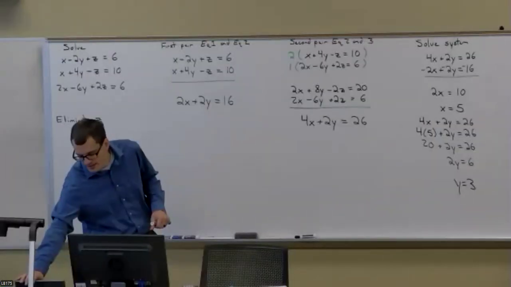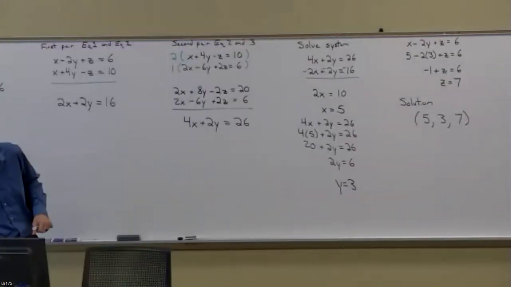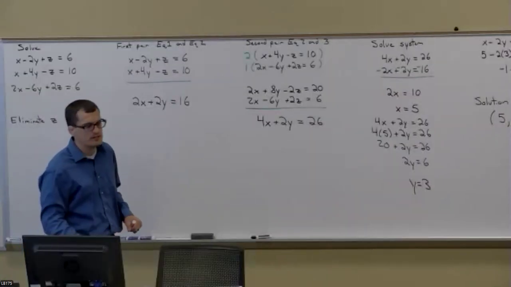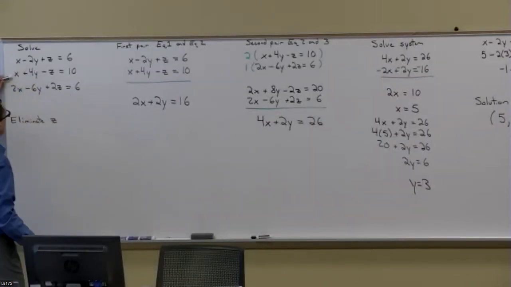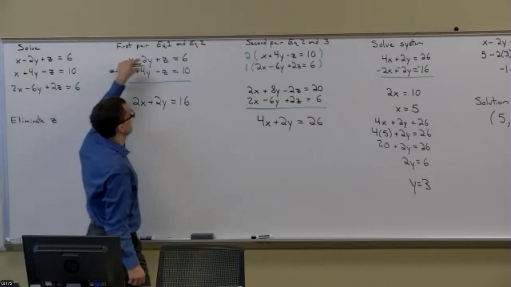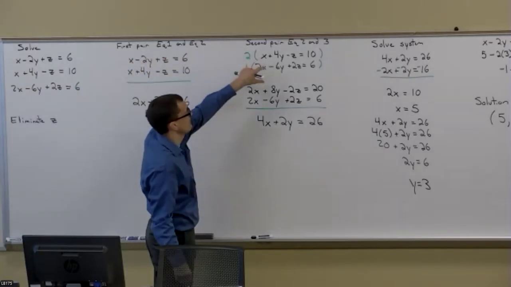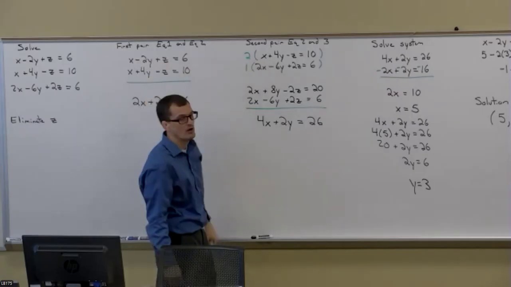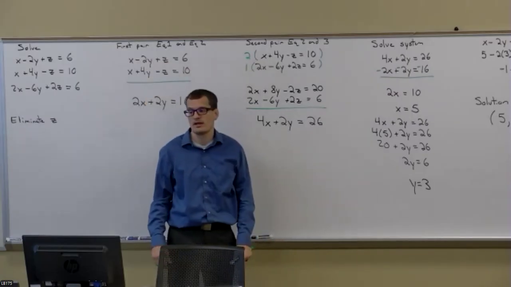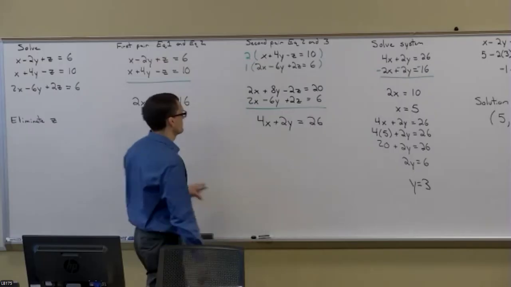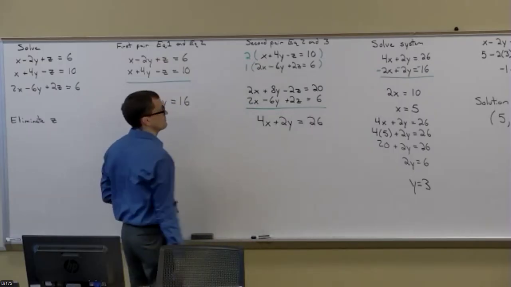So there you go. That's how we solve a system of 3 linear equations with 3 variables. We take 2 pairs, we eliminate the z's on 2 pairs, which gives me 2 equations with 2 variables.